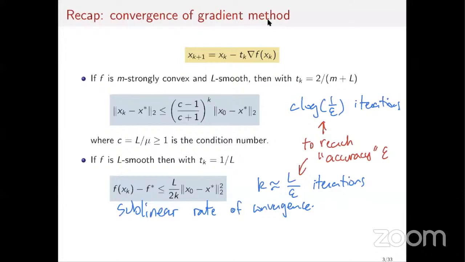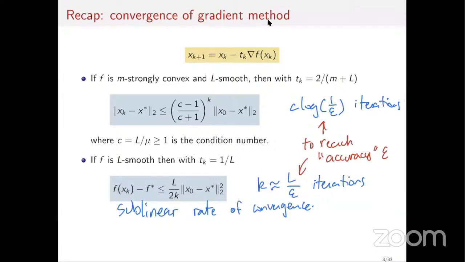Obviously, in one case I'm talking about function values, and in the other about distance to the optimal point, but they're roughly the same. At least for the strongly convex case, you can convert the bound on the distance to optimum to a bound on the function values. And I argued last time that c log 1 over epsilon is a much better rate compared to L over epsilon.